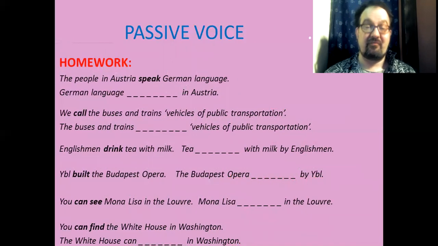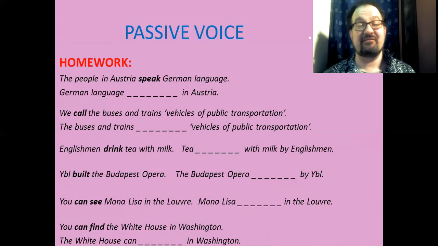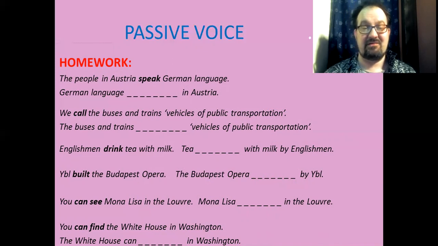Of course, we are talking about Austria, so we don't have to also add by people or people who speak it. The point is just in Austria, right? So make a new sentence in passive voice to make it exactly mean the same thing.